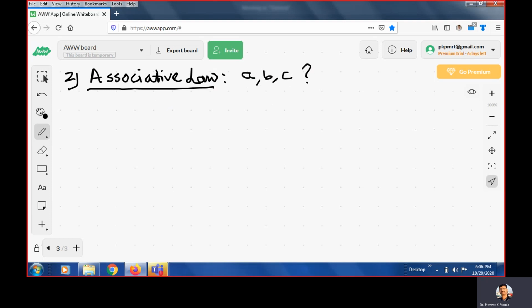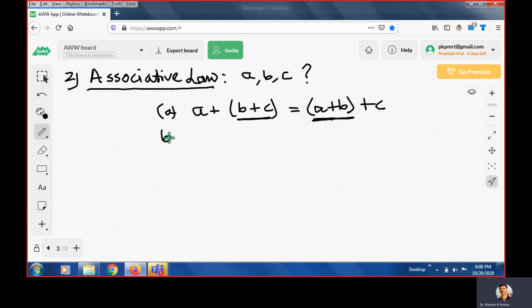Even complex numbers, it is true. So there are 2 laws here. One is A plus (B plus C) equals (A plus B) plus C. That means if you add B plus C, whatever outcome you get, same you will add to A. You will get one answer. Same answer you will get if you add A plus B first and then add it to C. This is for addition.